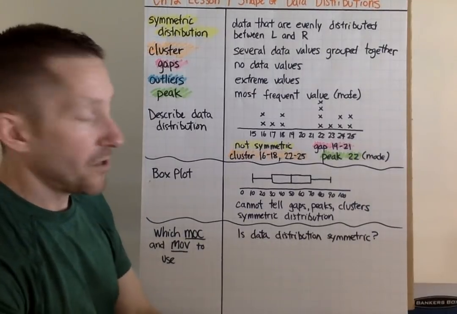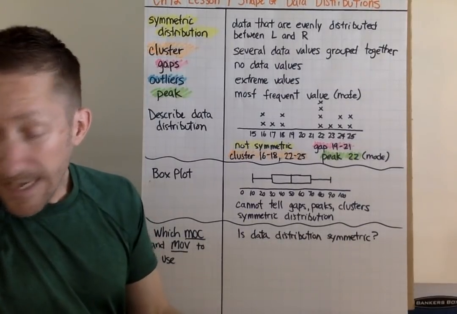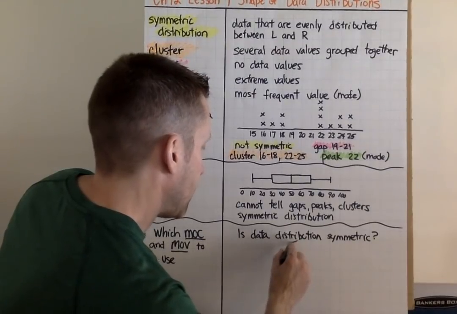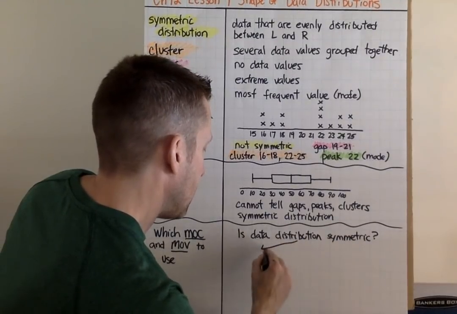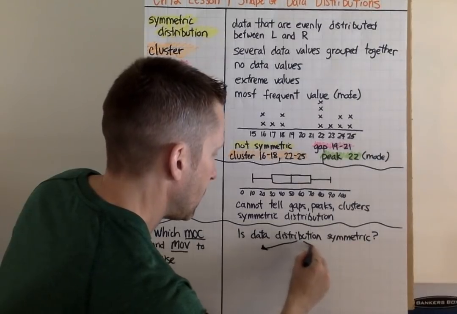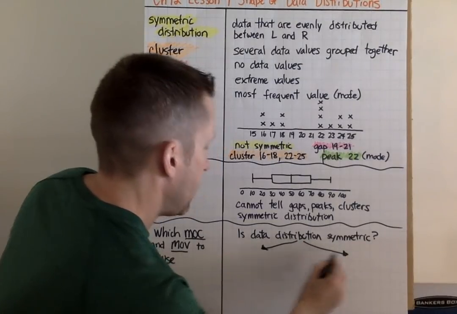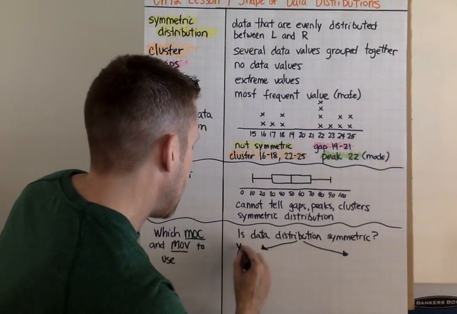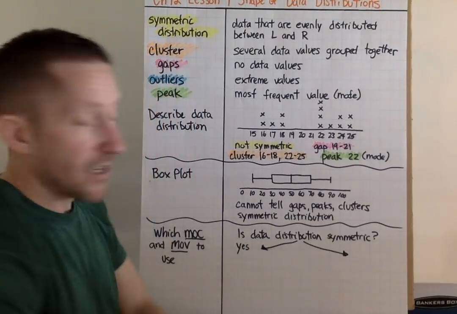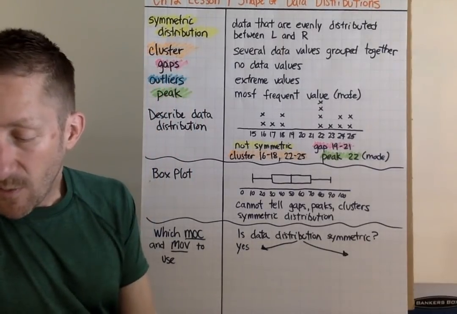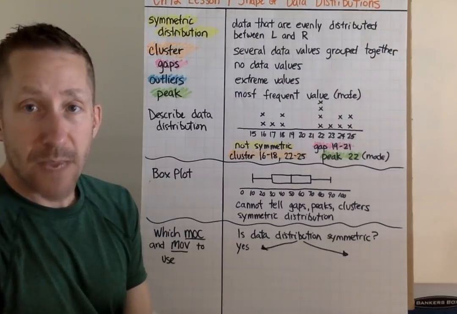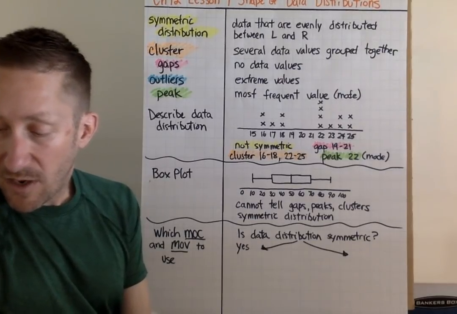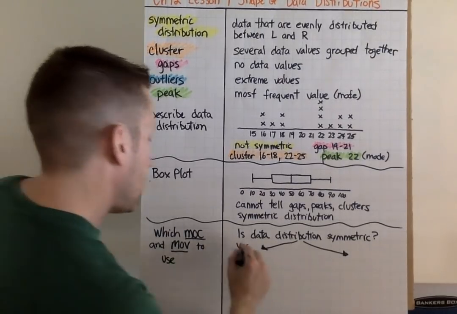Is your data distribution symmetric? If it is, then we're going to have 2 branches off to this guide. One this way, one this way. And if the answer is yes, your data is symmetric, what you should use is the mean for measure of center, so let's write that down.